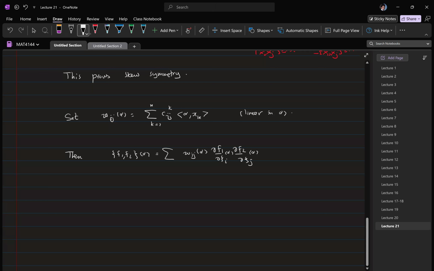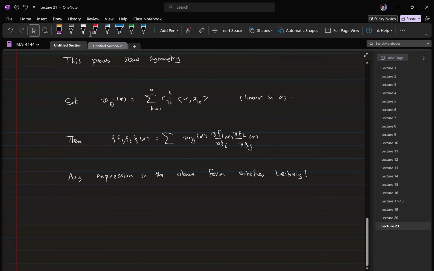And now, for any expression like this, the Leibniz rule holds. So any expression, no matter what the Wij's are, so any expression in the above form satisfies the Leibniz condition.